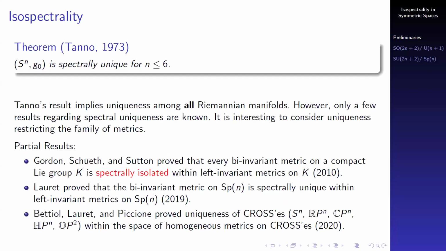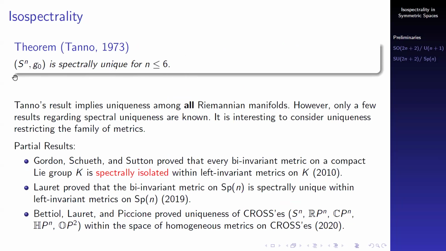So now we are dealing with manifolds with a special geometry, right? In this generality, the strongest result that I know is the theorem of Tanno, that says that the round sphere is spectrally unique for n less than or equal to 6.